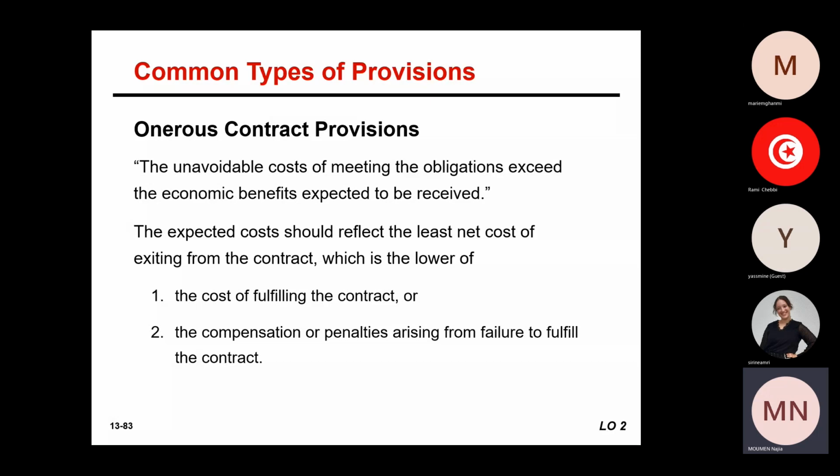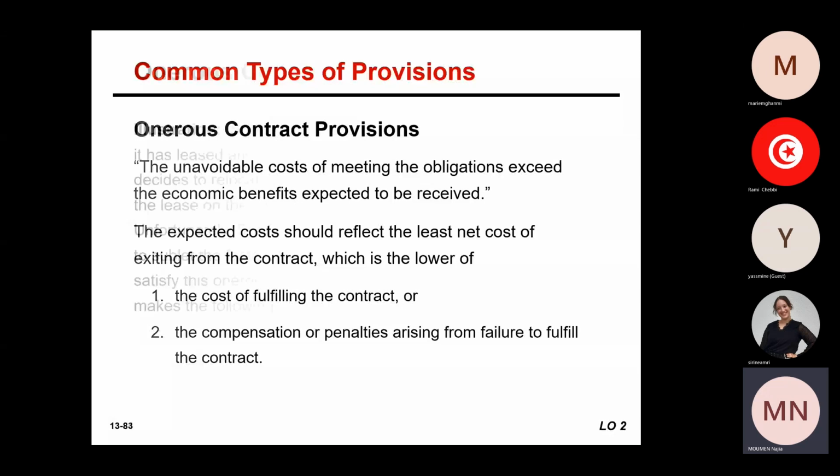So as a firm, you should take as a provision the lower of what it will cost you if you fulfill your part of the obligation, and the cost you will incur if you decide to exit the contract, and then you'll have to pay any penalties or compensation from that contract.